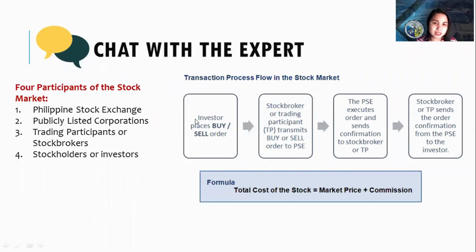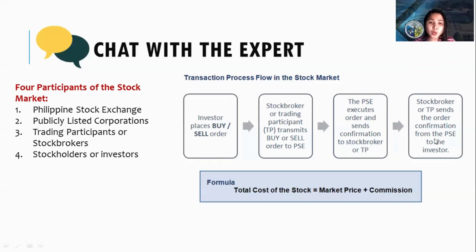So what will be the transaction process? The investor will buy or sell. Then the broker will transmit it to the Philippine Stock Exchange. Then the Philippine Stock Exchange sends a confirmation to the broker or the trading participant.